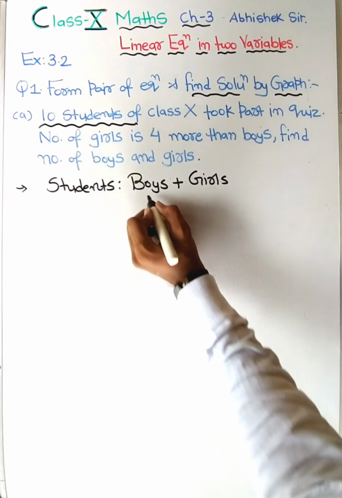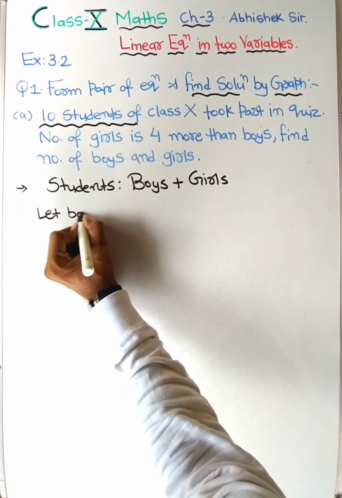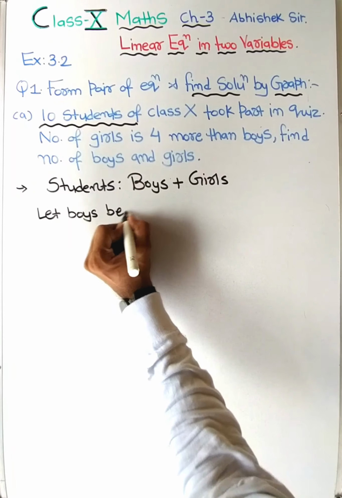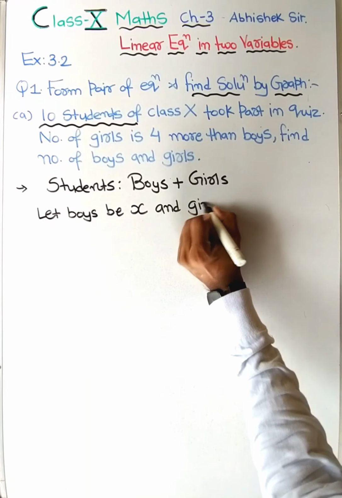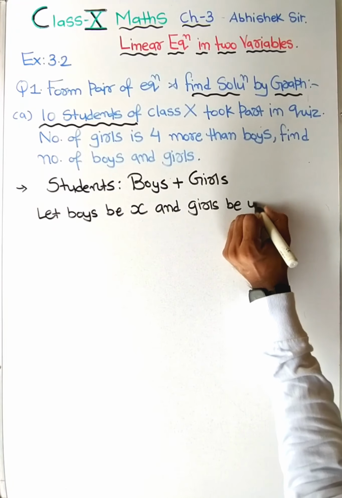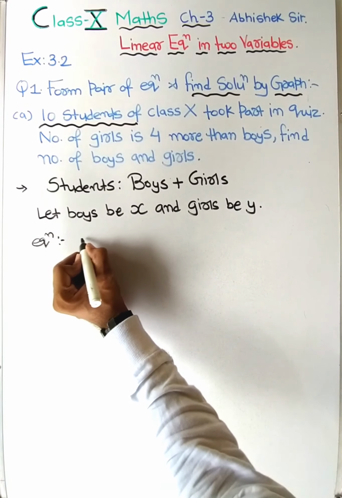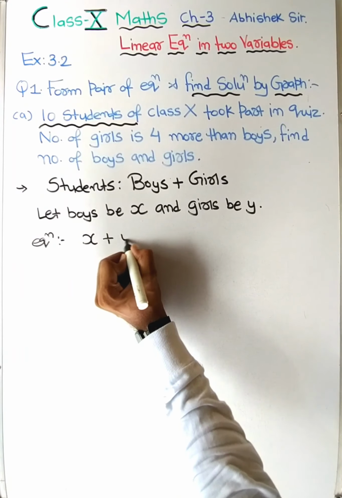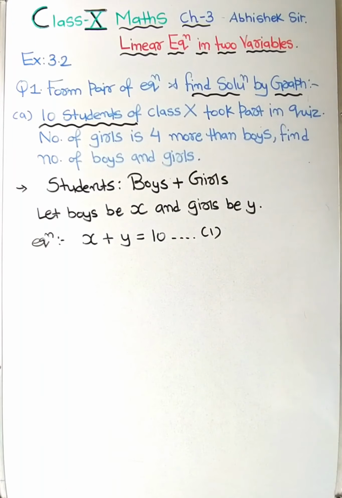We just have to assume boys and girls. So let the number of boys be X and the number of girls be Y. According to the first condition, X plus Y equals 10. This is our first equation.